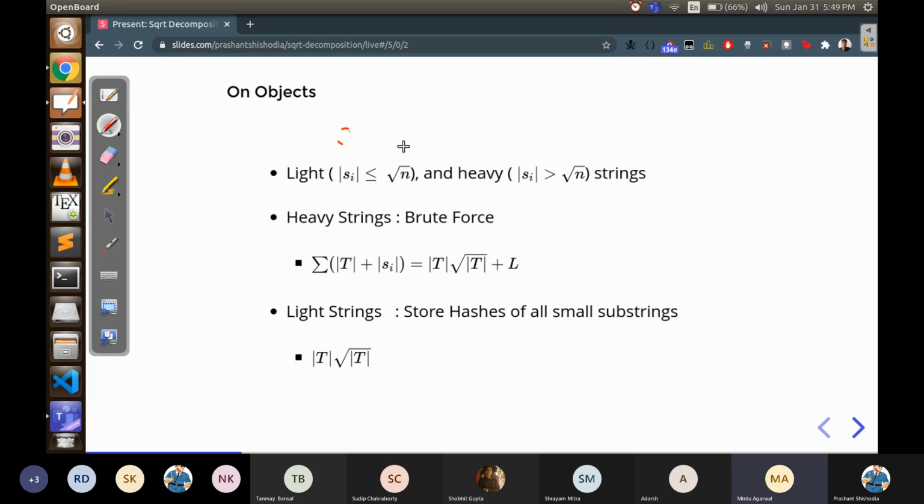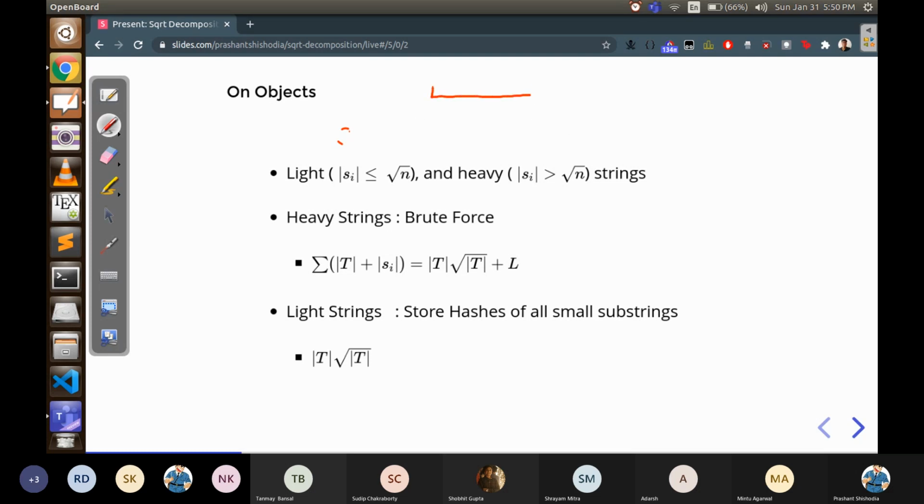So why don't we just use hashing for even the heavy strings? Okay, do hashing, but in that case, you will have to hash all of the substrings. There are a quadratic number of substrings, n square. So how will you hash n square substrings?